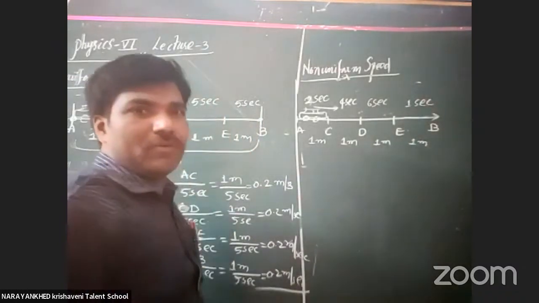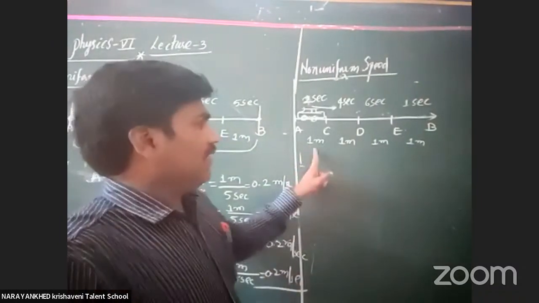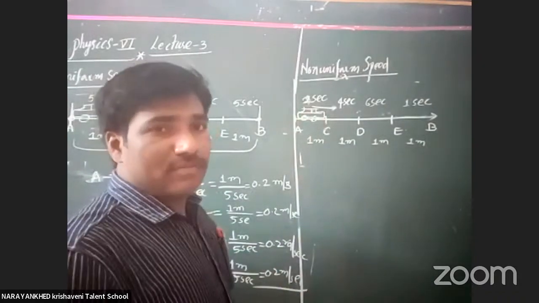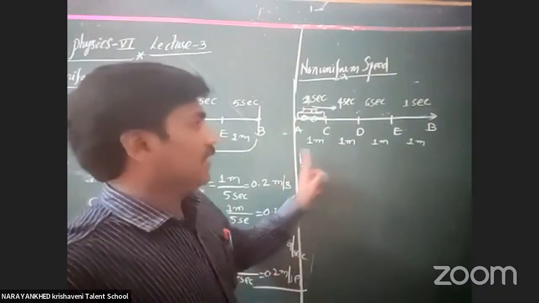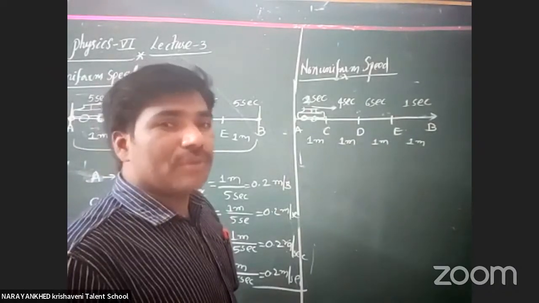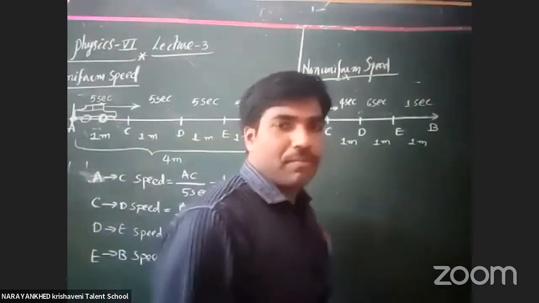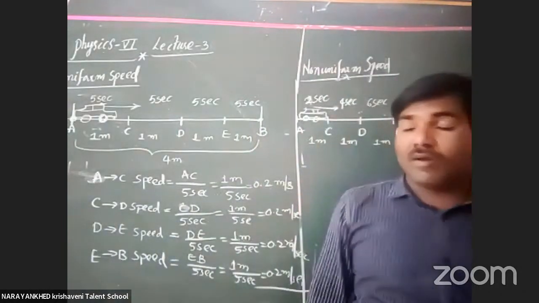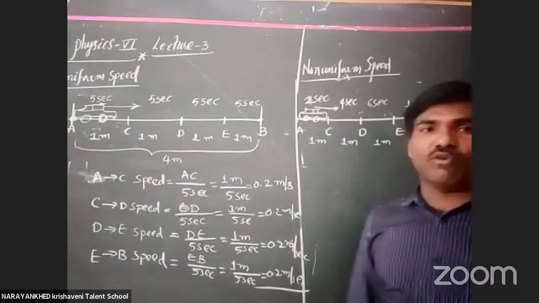Equal distances but unequal times are taken. This is called non-uniform velocity, non-uniform speed or non-uniform motion.